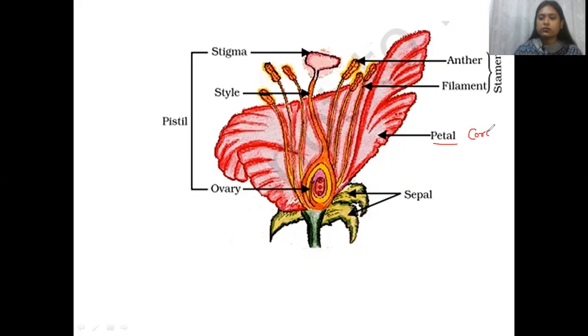Okay, it is known as corolla, and the individual members are known as petal. Since here the arrow is showing towards one particular petal, it is given as petal. And if we consider the whole whorl, then individual members are known as petal, and together this particular whorl is known as corolla.